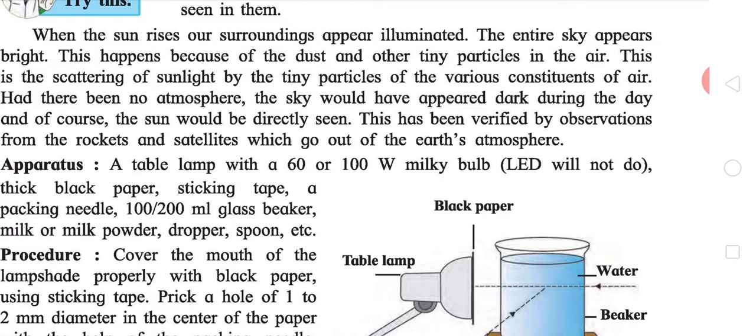Had there been no atmosphere, the sky would have appeared dark during the day, and of course, the sun would be directly seen. This has been verified by observations from the rockets and satellites which go out of the Earth's atmosphere.